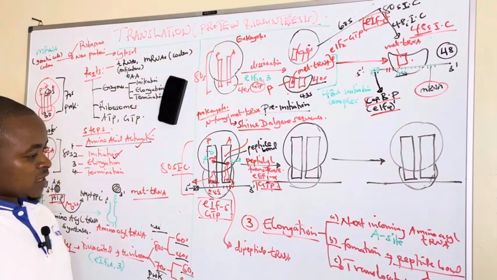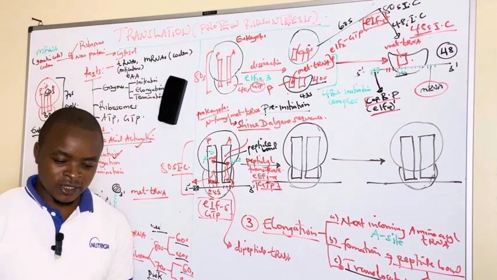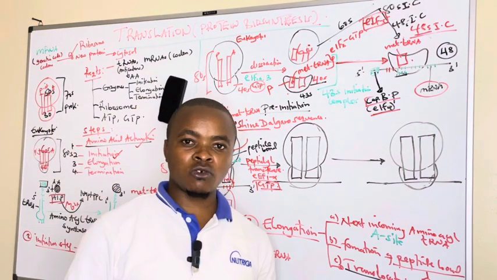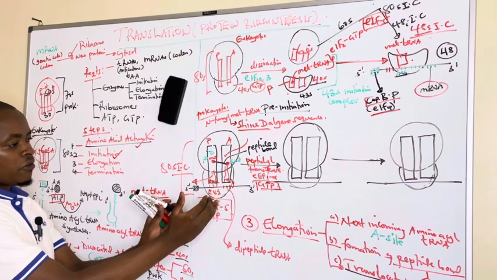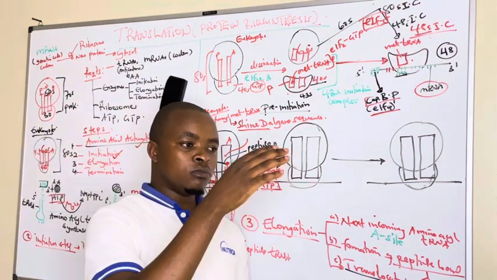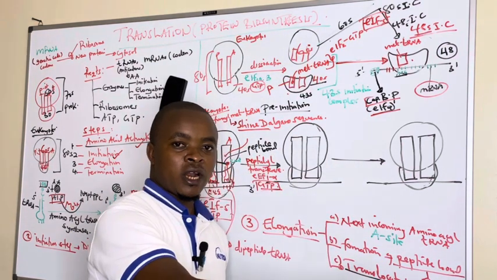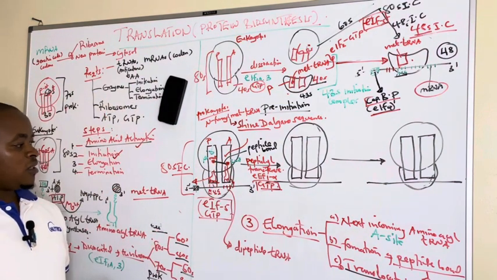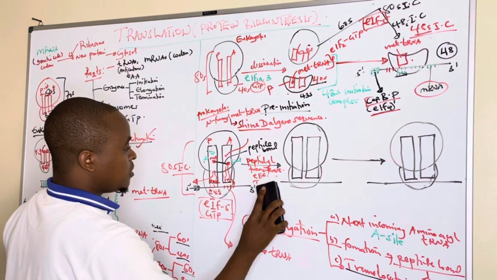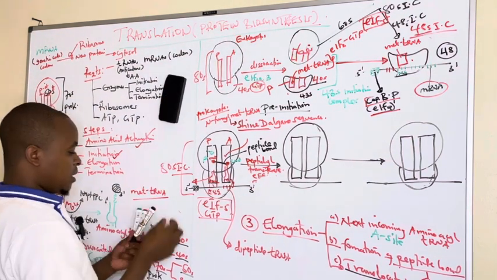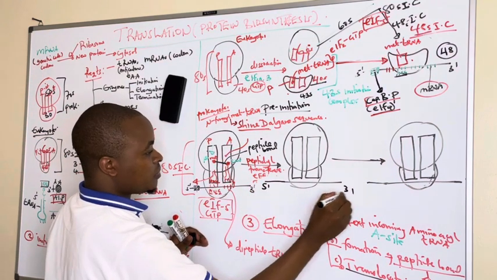Then the last step in elongation is translocation. And translocation, trans means movement. So we're going to see the mRNA remains stationary, whereas the ribosome moves one codon ahead, or jumps one codon ahead. So at this step of elongation, we have our 5' end, this is the 3' end.